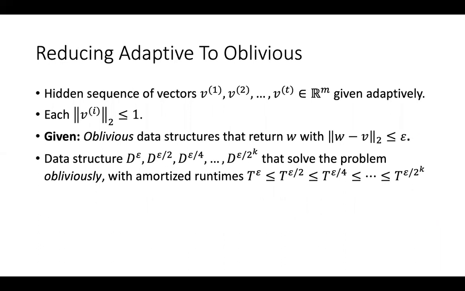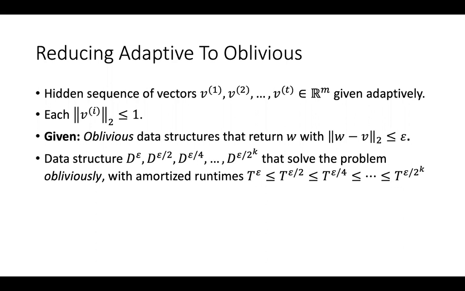Now let me explain what I mean by reducing adaptive to oblivious for vector estimation problems. And we can think of this independent from even electrical flows or Maxflows. So here's the problem that we studied. There's a hidden sequence of vectors, v1 to vT in m dimensions, that's given adaptively. These vectors are hidden, but we have access to the coordinates in some ways.